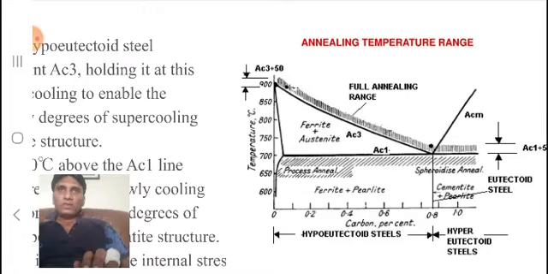This is the main difference between the hypoeutectoid steel and hypereutectoid steel annealing process.